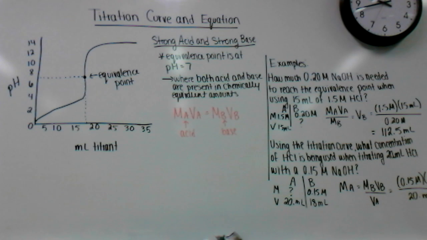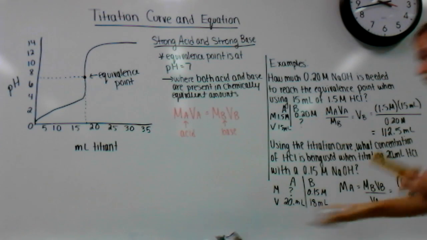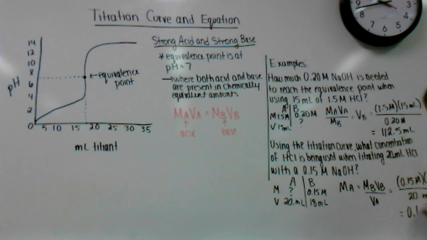So we're going to do 0.15 times 18 divided by 20. And it's going to tell us that the concentration of our acid is 0.13, or rounding up a little bit, 0.14 molar solution.